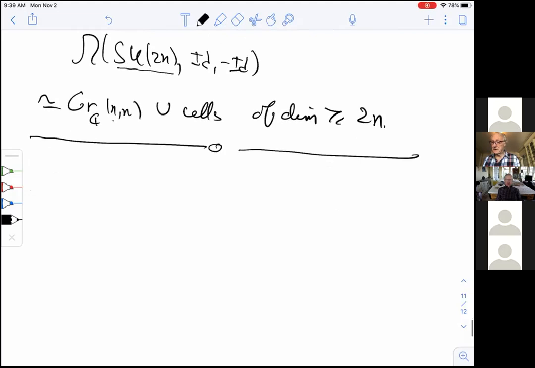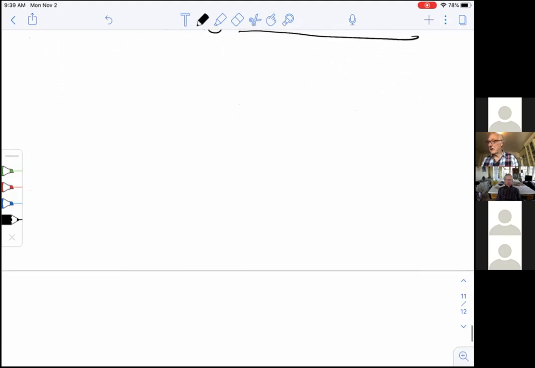And much of it can be done in a much more general context, namely in the context of a symmetric space. And as probably most of you know, and it's not hard to see, and I'll show you, any Lie group is a symmetric space.